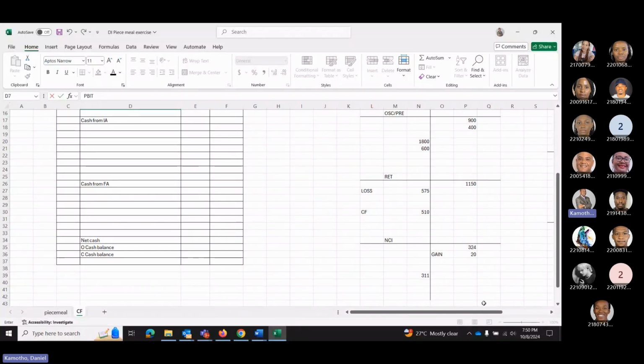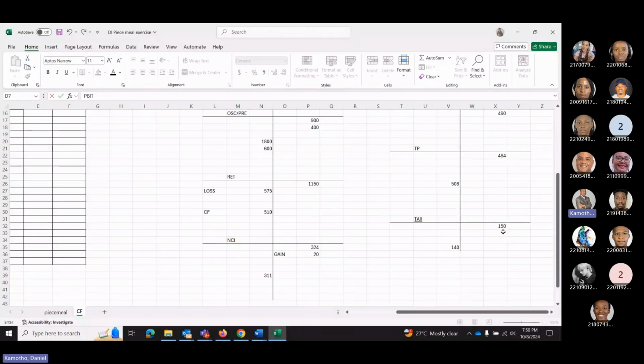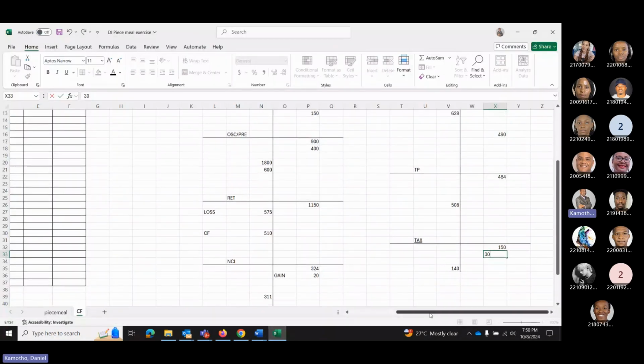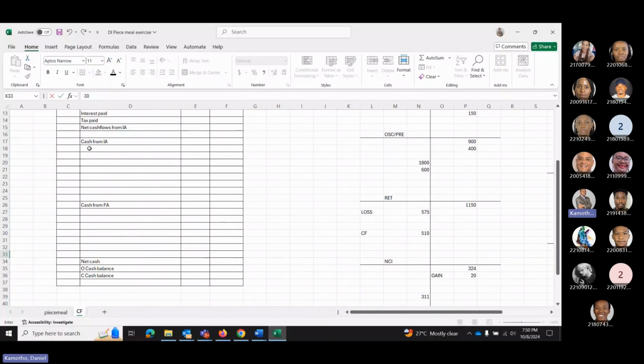We had a tax payable, which is increasing by 30, because when you charge tax expense, it increases the tax payable on the other side of the story. So we can start with loss before tax, which is our best starting point, or profit before interest. So here we say loss before tax.